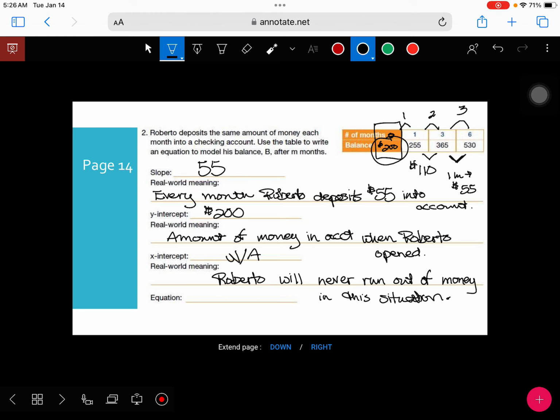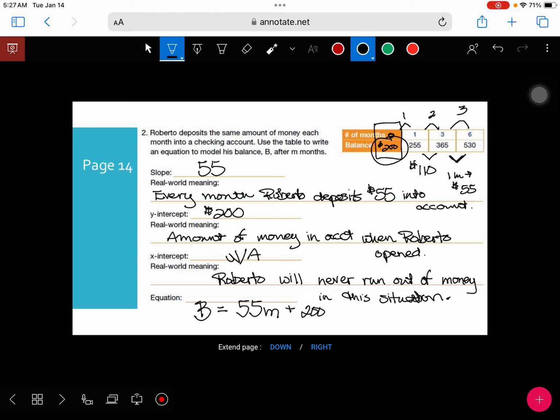Use the table to write an equation to model his balance B after n number of months. So the balance in his account is equal to $55 times the month plus the initial amount that he started with.